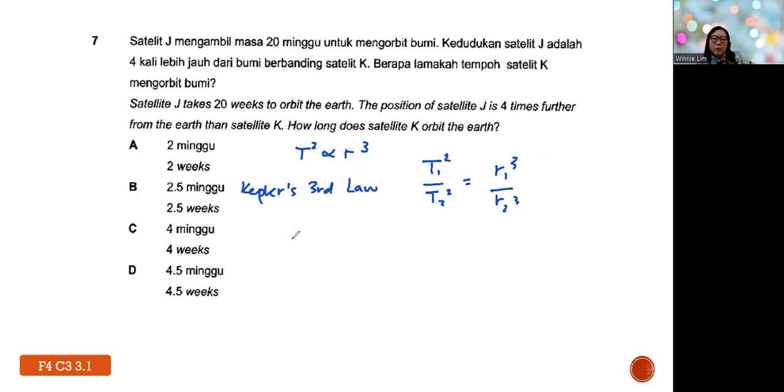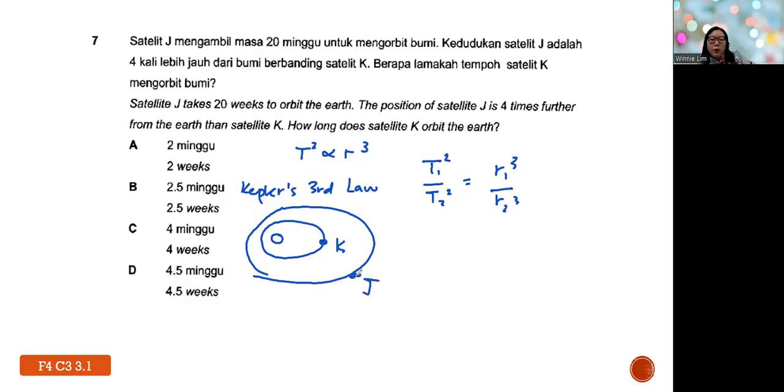Kepler's third law applies to any object orbiting the sun or Earth. If they are getting further from the planet, this is J and K. The position of J is 4 times further from the Earth than K, so I can draw K first and then J 4 times further.